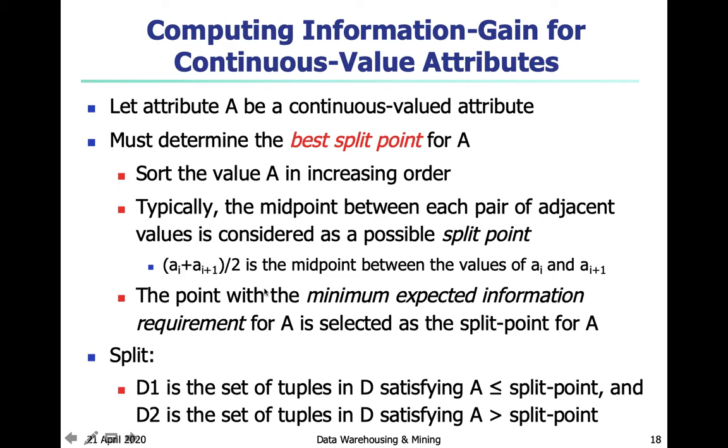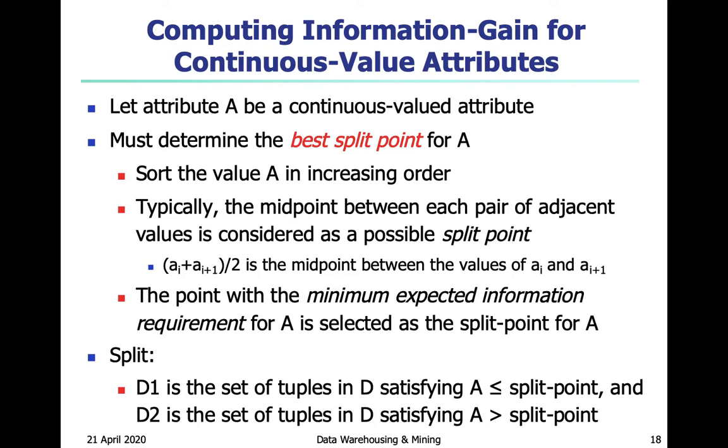If the values of A are sorted in advance, then determining the best split for A requires only one pass through the values, right? So here the number of partitions is basically 2, right?